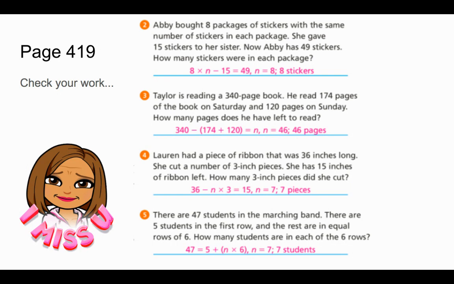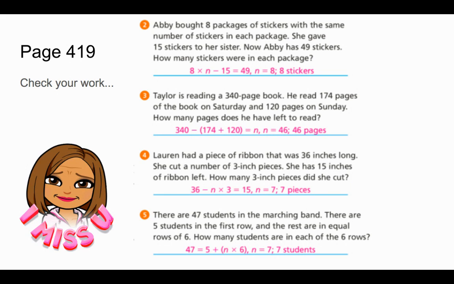There are 47 students in the marching band. There are 5 students in the first row, and the rest are in equal rows of 6. So how many students are in each of the 6 rows? So we know that there's 5 students in the first row, and there's 47 students altogether. So if we subtract 47 minus those 5, we're left with 42, okay?